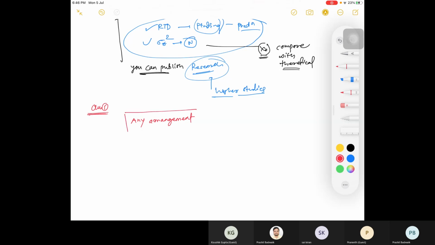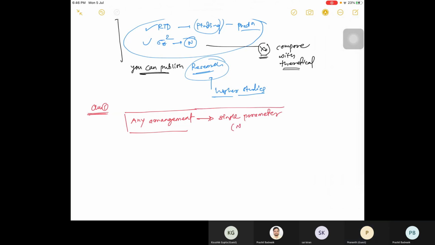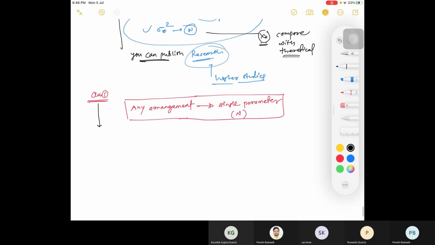Any arrangement can be represented in terms of a single parameter, that is your tanks-in-series model. N. It can be represented in terms of N. This was the basic assumption.